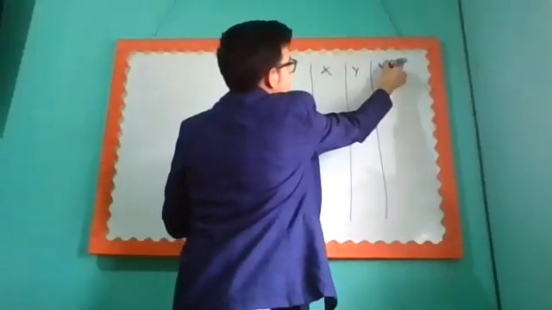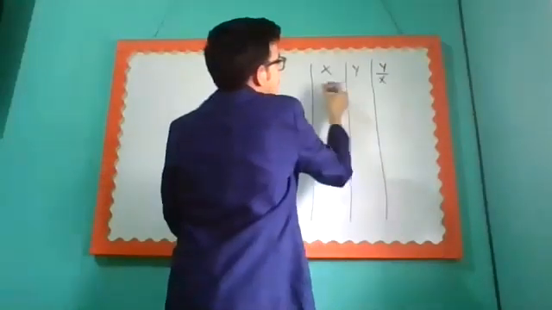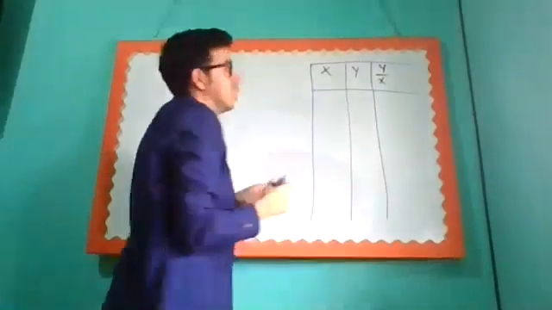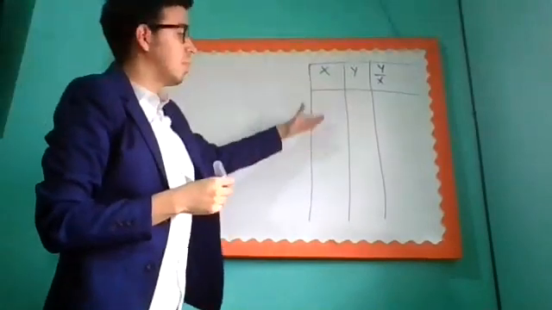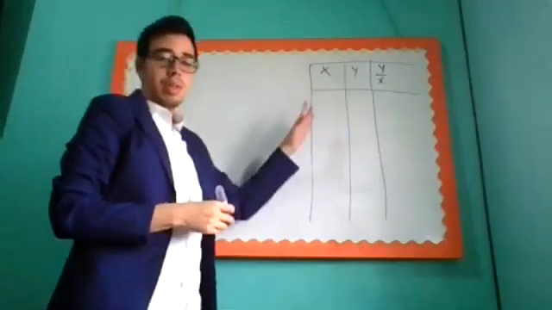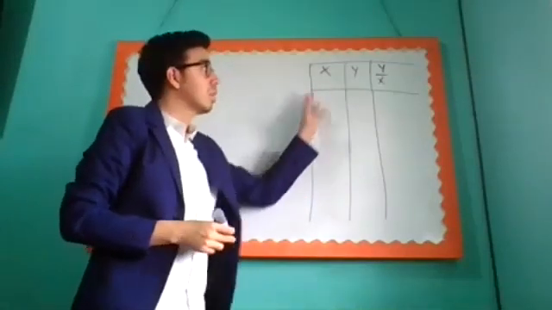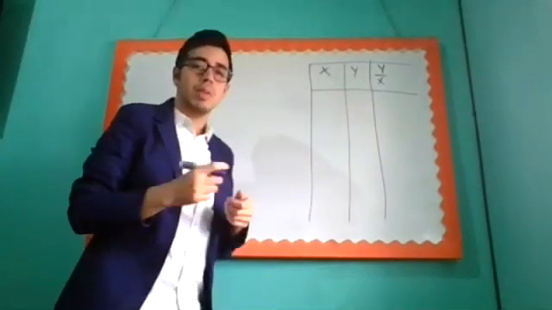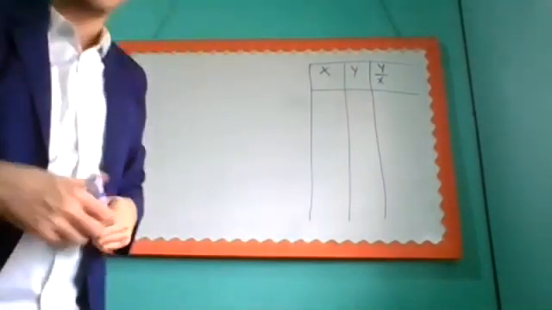This is the division to find the value, okay? It doesn't matter if it is vertical or horizontal; the important part here is to know the variables and to write each value.